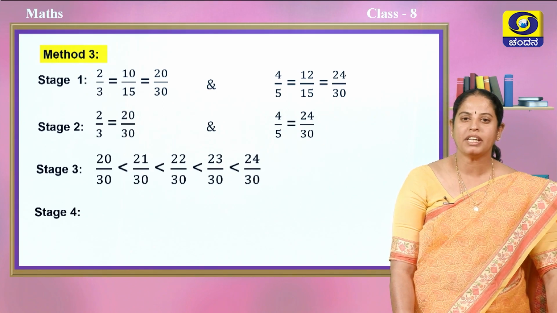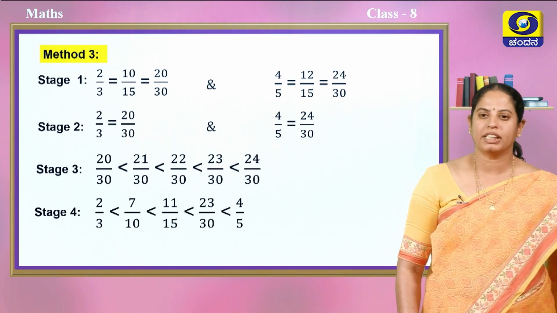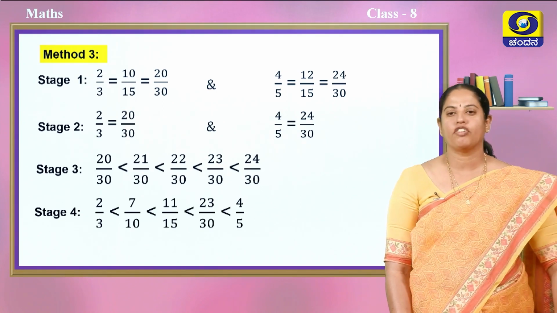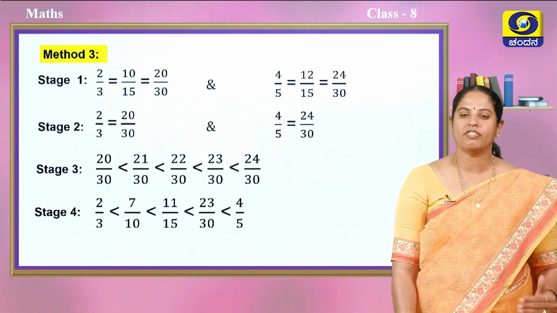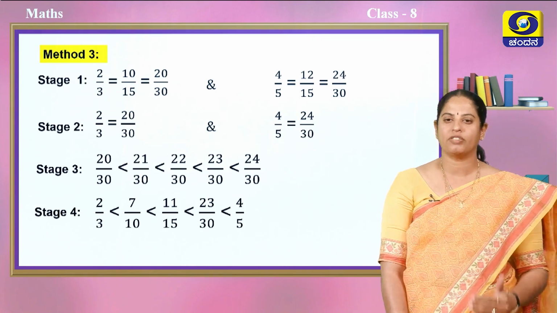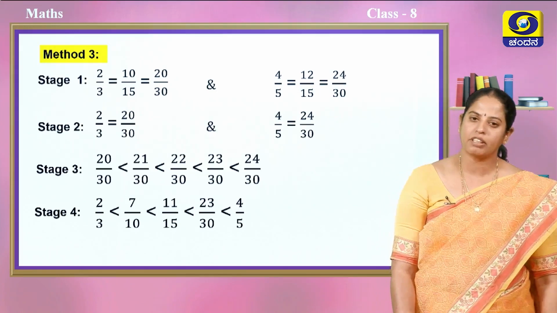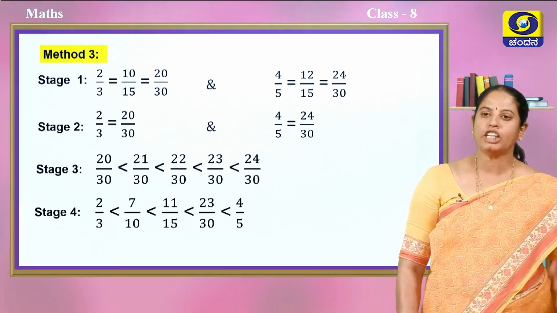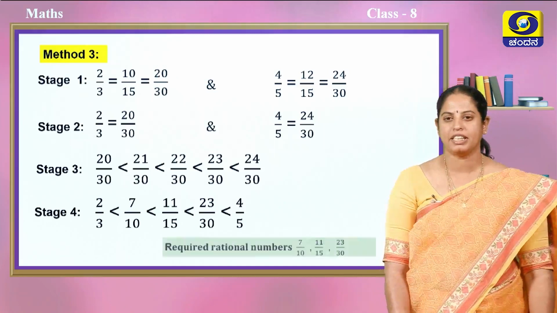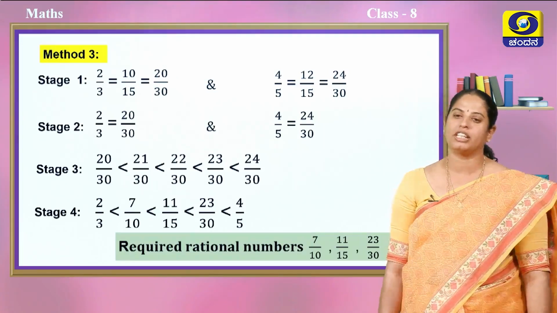We know 20 by 30 is nothing but 2 by 3 and 24 by 30 is 4 by 5. If you simplify 21 by 30, 22 by 30 and 23 by 30, you are getting 7 by 10, 11 by 15 and 23 by 30 as the answer. So, these are the required rational numbers.